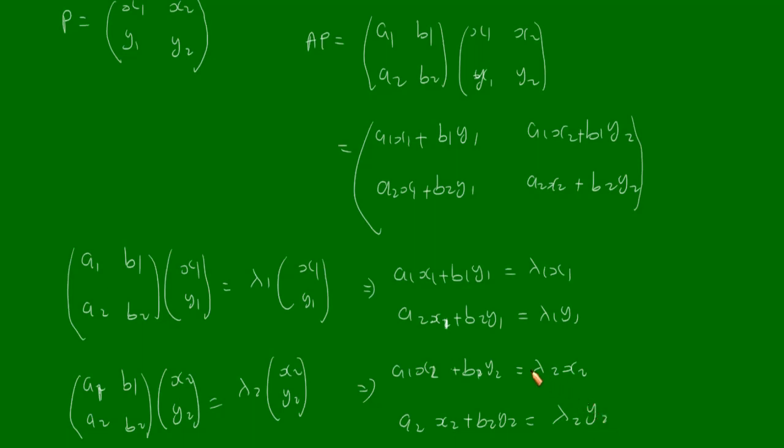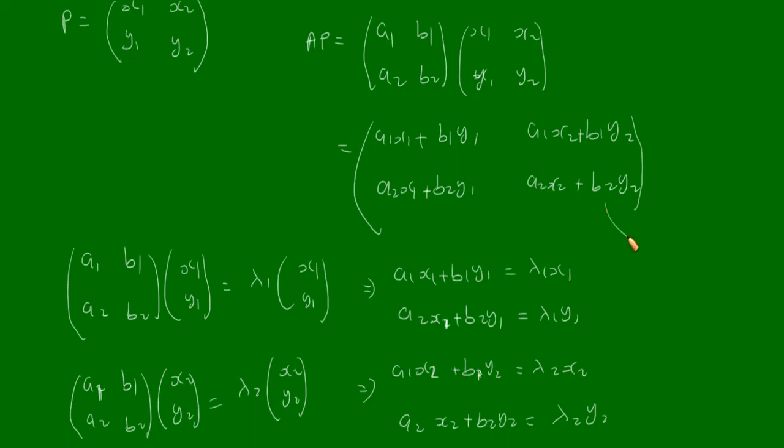Now if you see this matrix, A1 x1 plus B1 y1 is the first term, and that is lambda 1 x1. Then A1 x2 plus B1 y2 is lambda 2 x2.